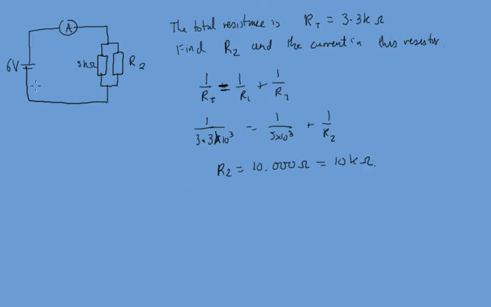Now we need to calculate the current in this resistor. We know the voltage is 6, so V equals IR, and the resistance is 10,000 ohms. So the current will be 0.0006 amps or 0.6 milliamps.